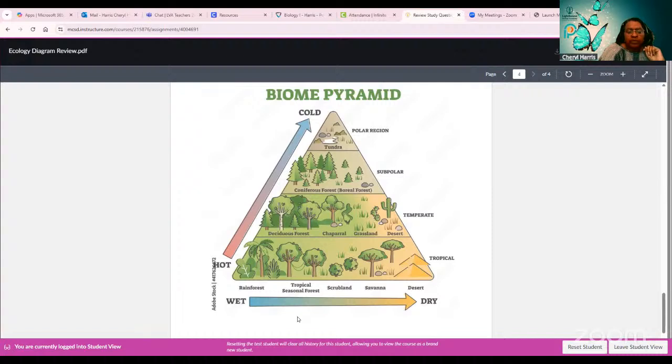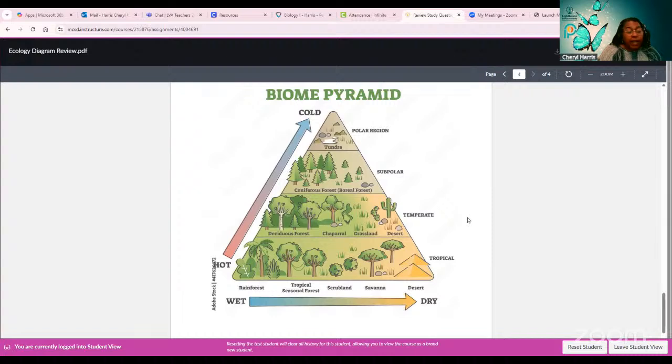So you kind of have to just take your finger and draw a line down and draw a line across in order to decide how hot or how wet the region is. Again, take the tundra at the top. The tundra is kind of in the middle of the arrow. It's not very wet, it's not very dry, but it is very cold. Okay, so that's how you would read this triangle.